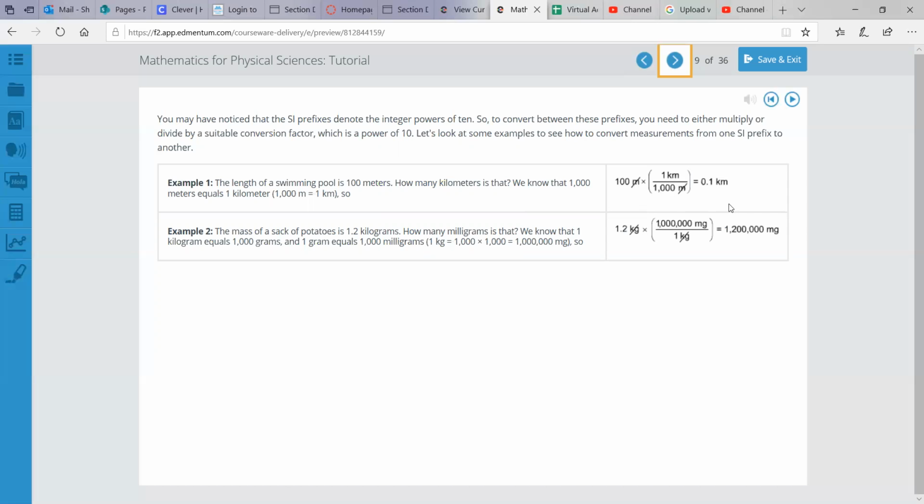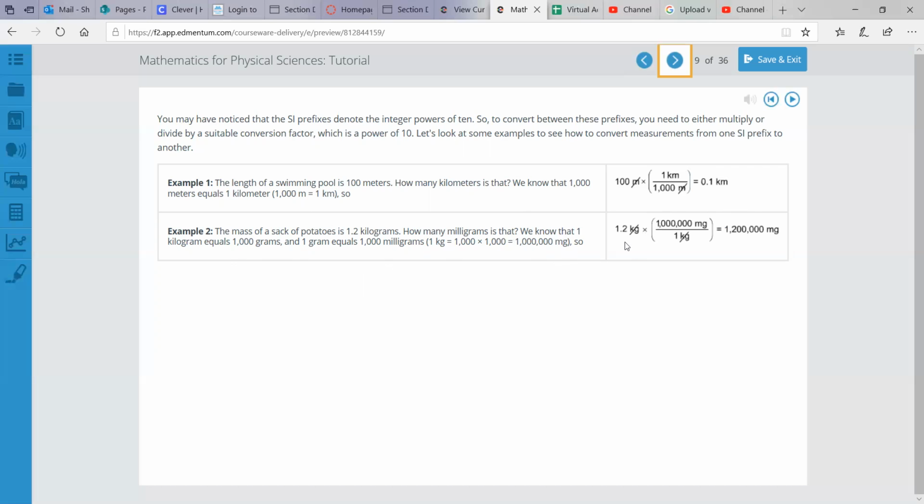The second example, 1.2 kilograms. How many milligrams is that? So we remember that 1 kilogram equals 1,000 grams, and 1 gram equals 1,000 milligrams. So you take 1,000 times 1,000, and that is 1 million milligrams.